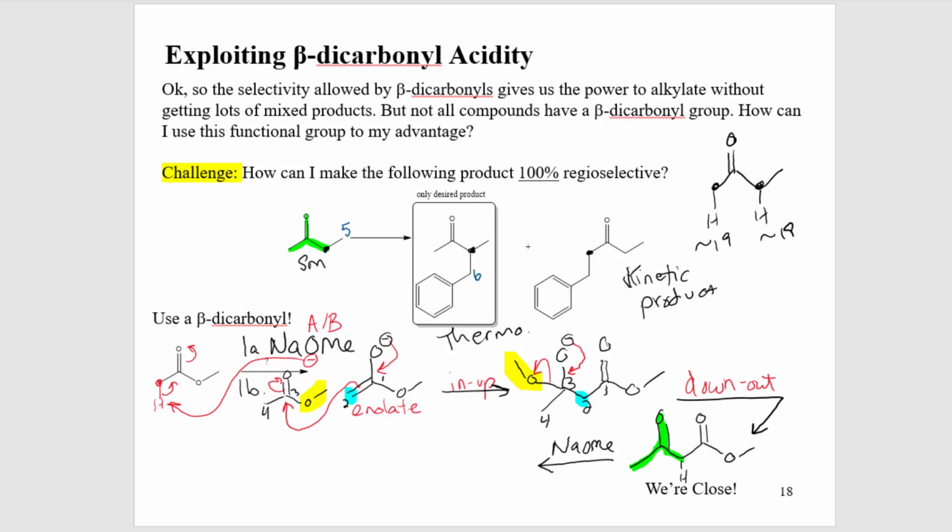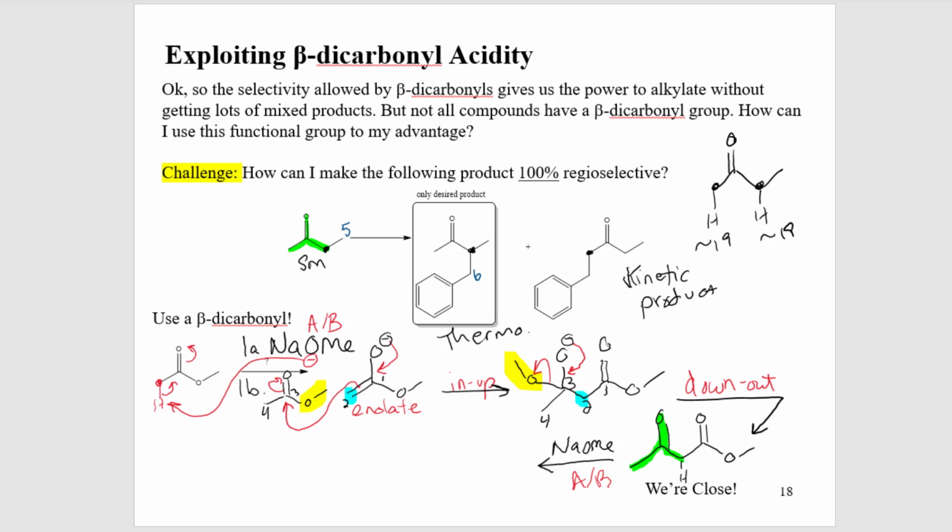Once you make it a dicarbonyl, however, the pKa is now about 9. Now it's not a competition. This isn't about steric hindrance anymore. This is like the pKa of the proton is 9 or 19. Well, if you had one equivalent of base, which one is it going to go after? It's going to go after the most acidic one.